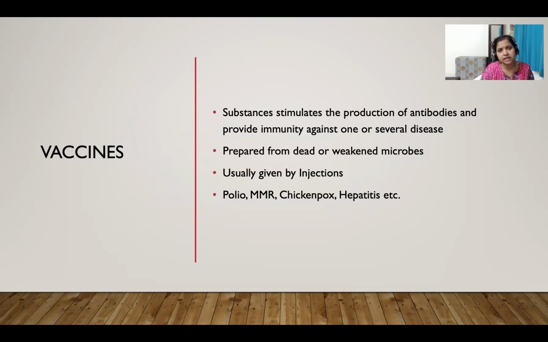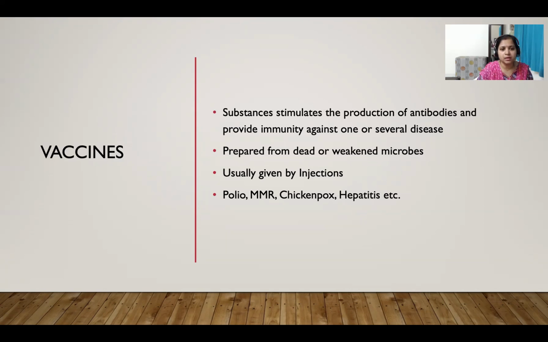When they are injected in a healthy person's body, they stimulate the immune system of our body to create antibodies. But as they are very weak or they are dead, they cannot do any harm. But in our body the antibodies will already be prepared. So when the disease causing microbes or the pathogens actually attack the body, they cannot do any harm, as we are having the acquired immunity.